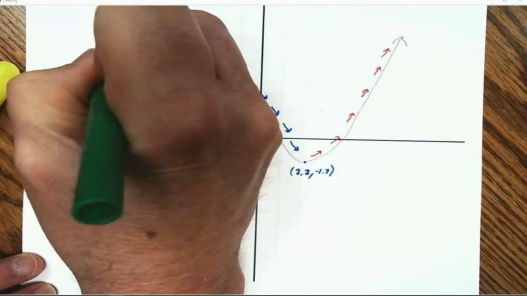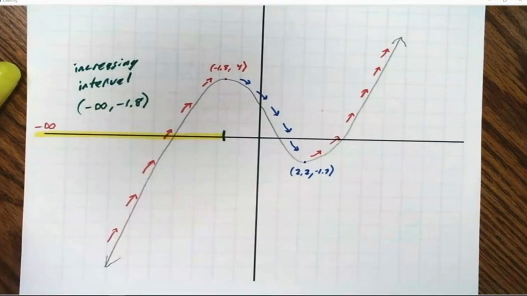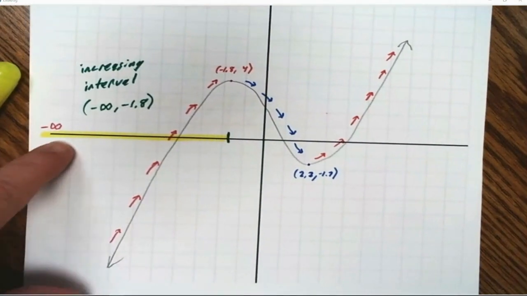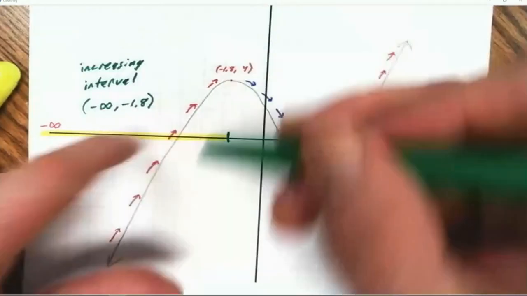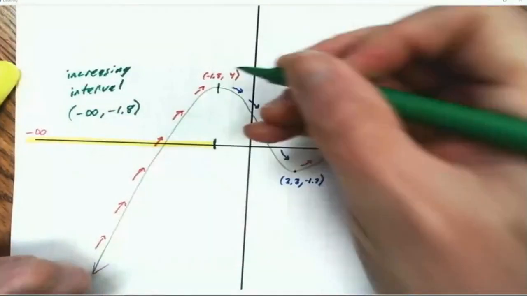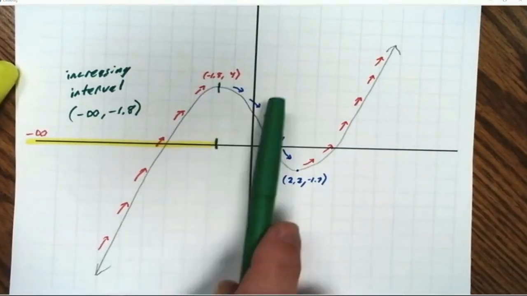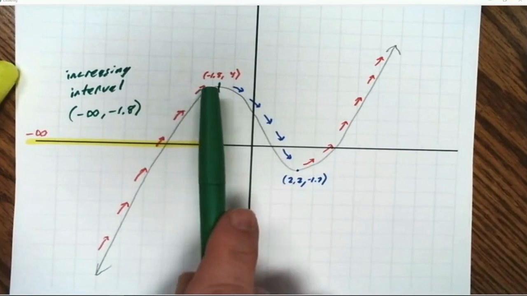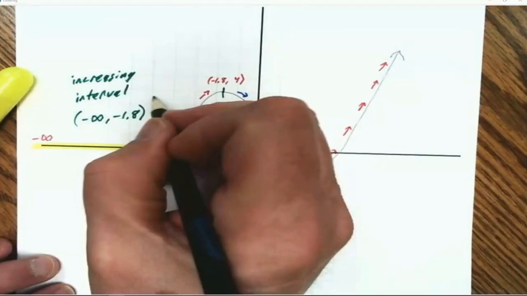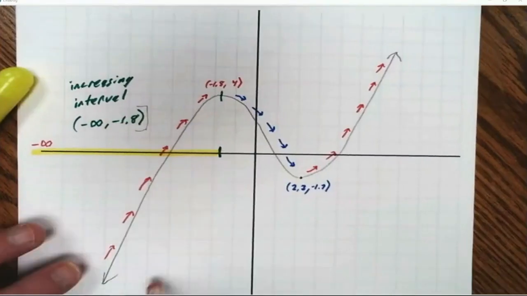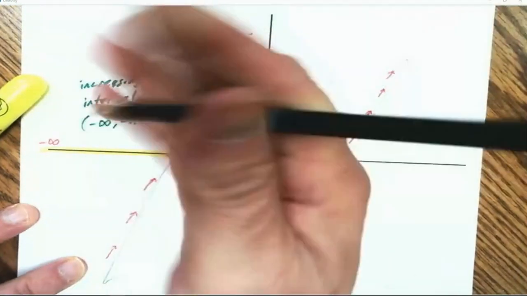That's an increasing interval from the time this graph is all the way at negative infinity, and you keep following all the way until it gets to negative 1.8, because at negative 1.8, it stops increasing. And in fact, at negative 1.8, it is not increasing nor decreasing, because that's where it's flat. So don't put a bracket here. It does not include the negative 1.8. That's not included because it's flat at negative 1.8.